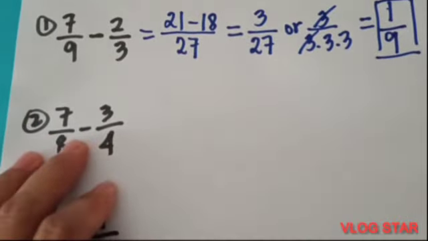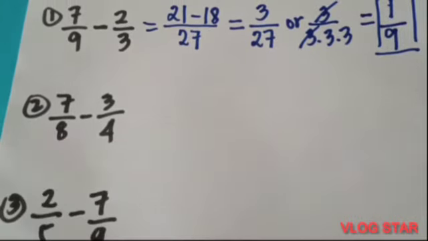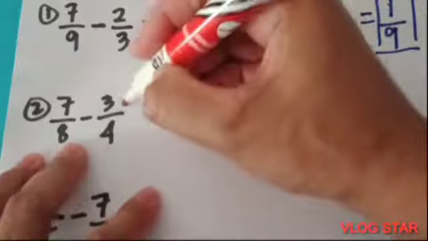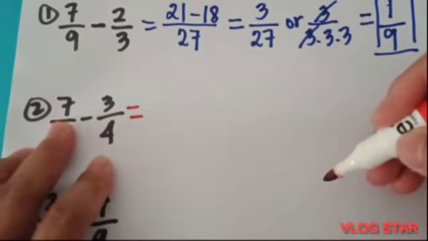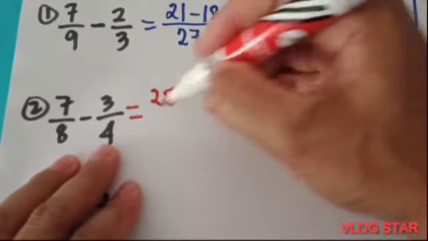So, sa example number 2 naman, mayroon tayong 7 over 8 minus 3/4. So, cross multiplying natin ulit. 7 times 4, 28.